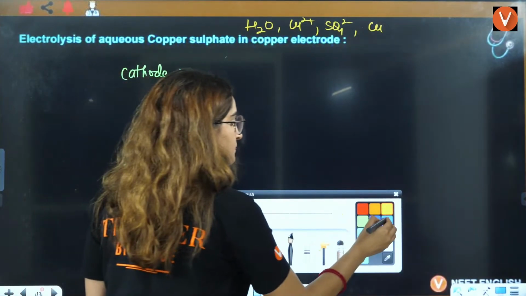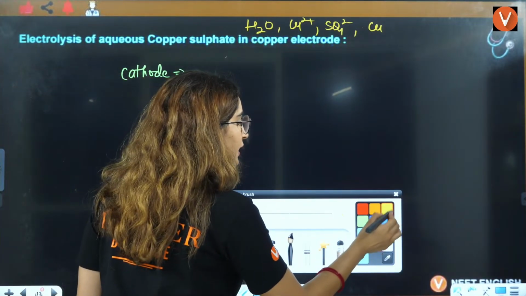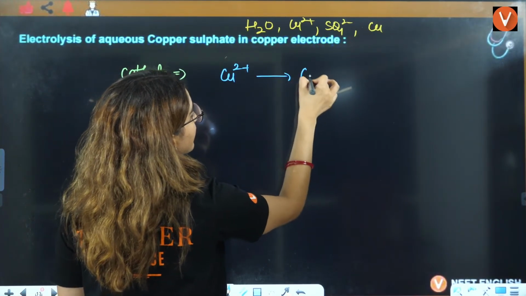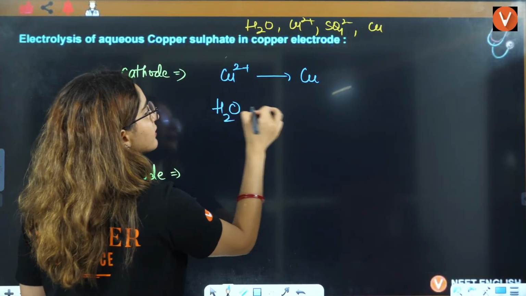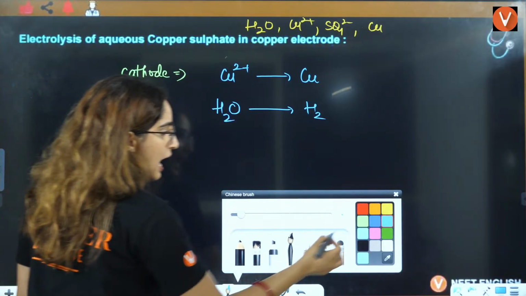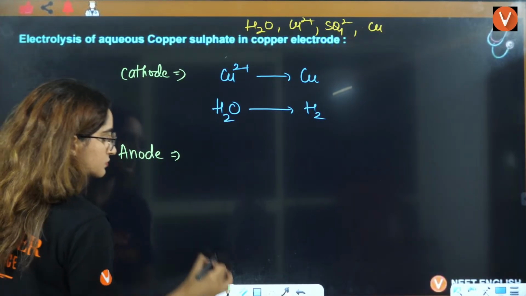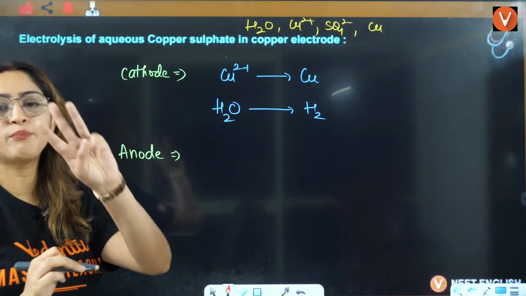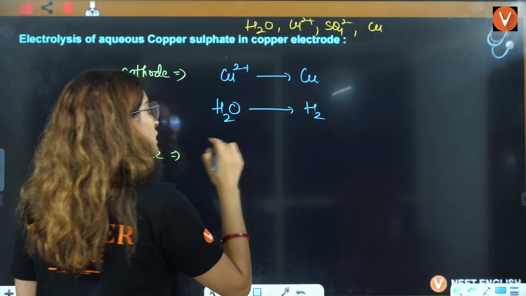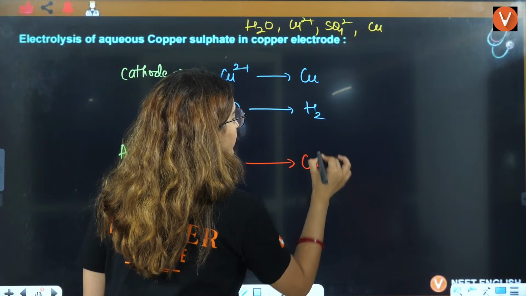Now, when it is gaining the electrons, two things can happen. Either Cu2+ can gain the electron, or water can gain the electron and get converted to H2. And at the anode, let's see how many things are possible. At the anode, three possibilities are there. Loss of electron can be by the copper electrode, which can lose the electron and get converted to Cu2+.